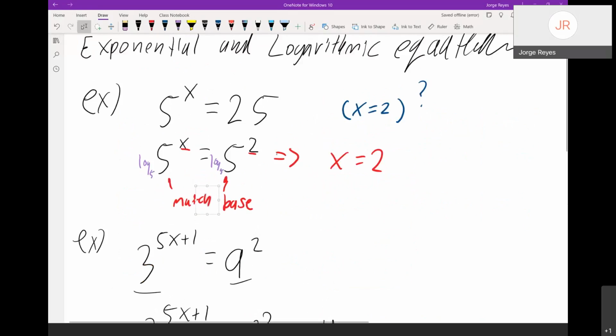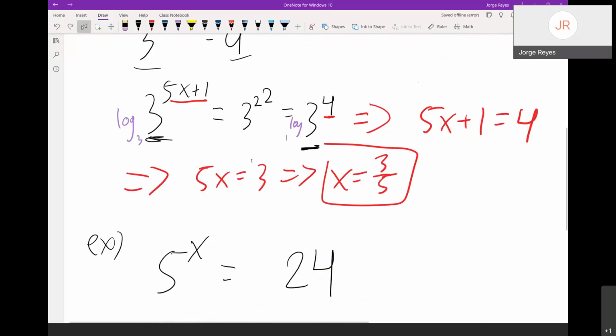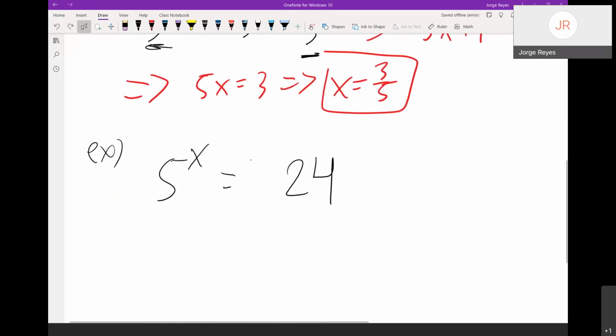That's what this arrow is secretly doing that we don't talk about. But now I need to know that, because what I actually am going to do is log base 5 both sides.